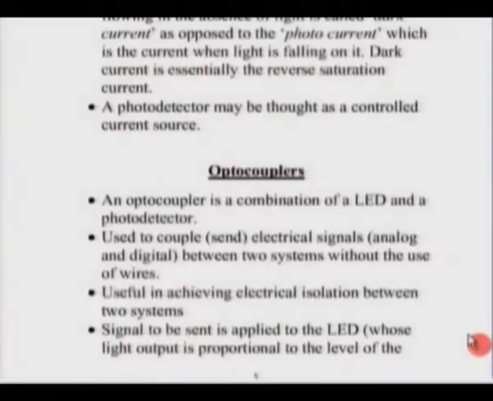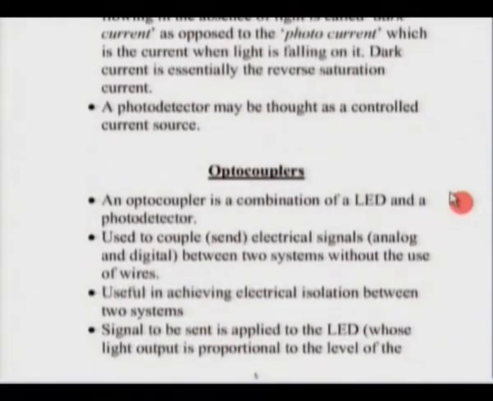Now, there is another very interesting device which you can form out of an LED and a photodetector, which is called an optocoupler. An optocoupler is an extremely useful device, which is nothing but a combination of an LED and a photodetector.